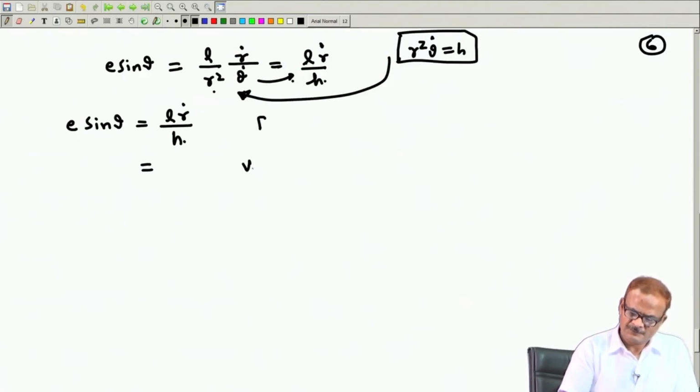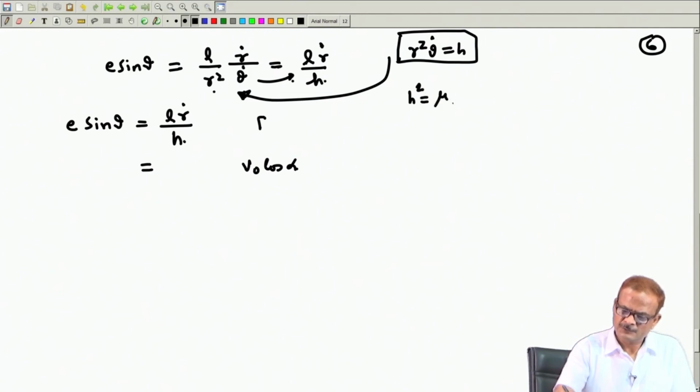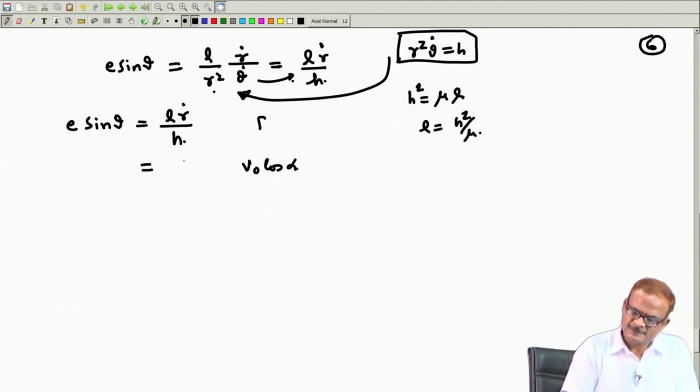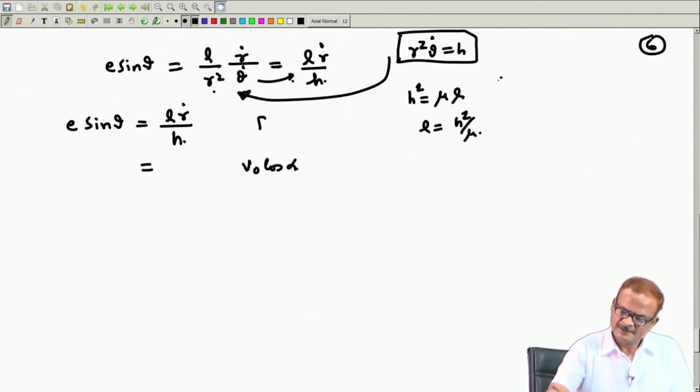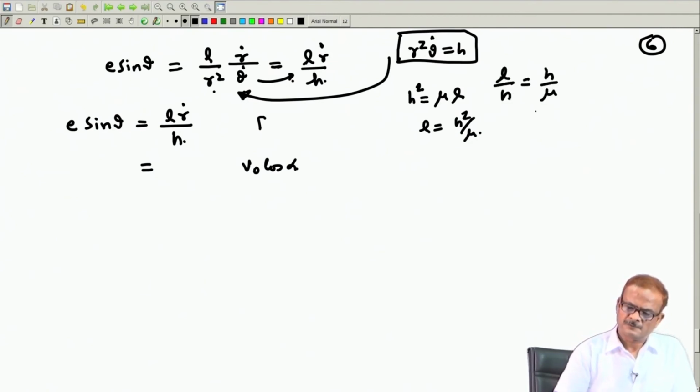There is some relationship between h and L. We know that h square equal to mu times L. Okay. If we want to remove this L, L becomes h square divided by mu, and we can insert here. Or simply we could have written L by h equal to h by mu. Okay.